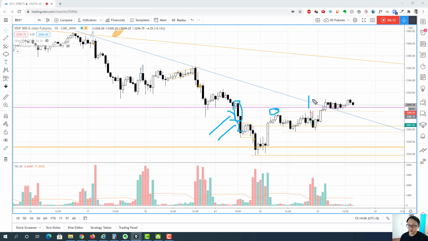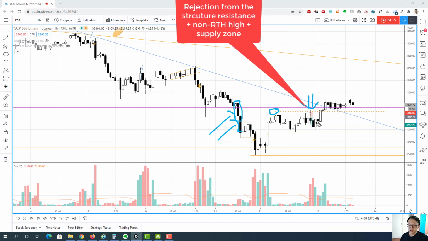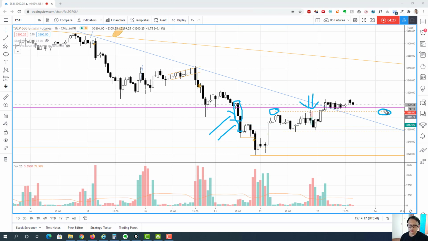You can see that we just had these two rejection bars test the Globex period high, or the non-RTH high, as annotated in this orange dotted line here.